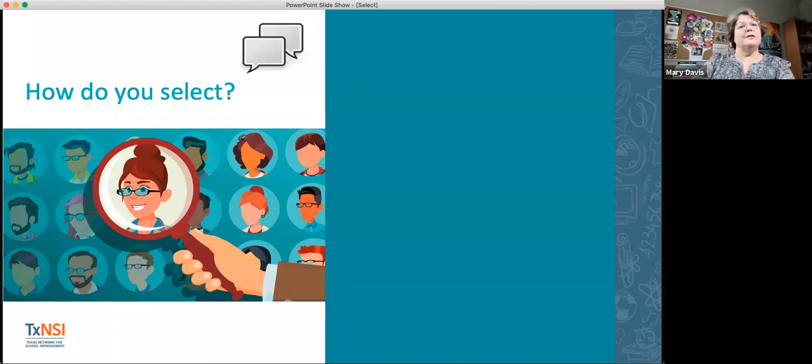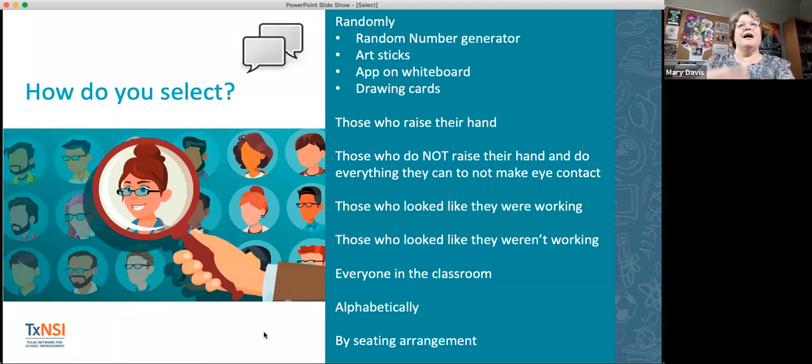Well, while you guys are paused, I was thinking too. And here's all the different ways that I personally can remember picking students for my class before I read this book and took it to heart. So there was always the randomly. And when I say randomly, it counts as the random number generators or the art sticks where you picked up the names.